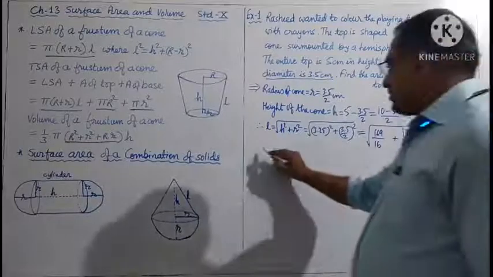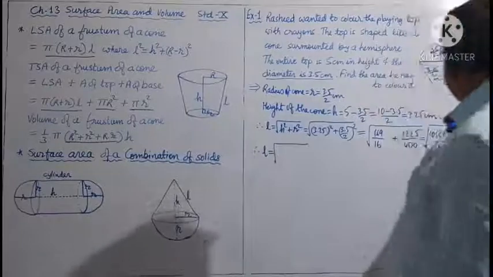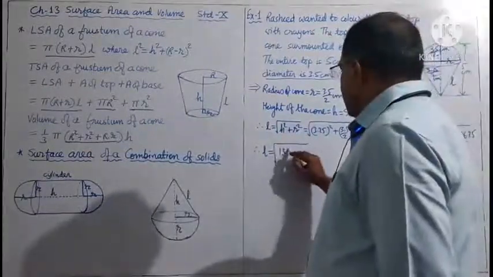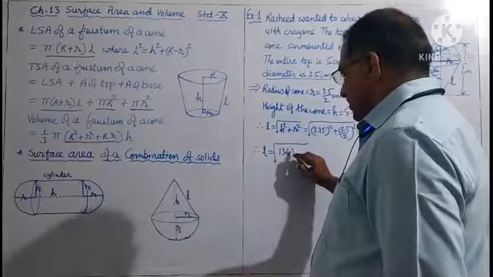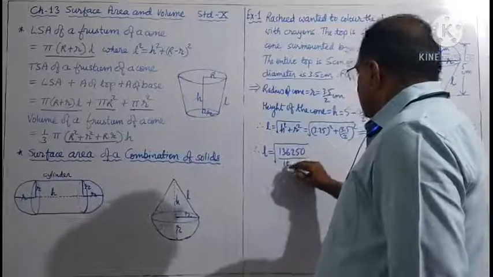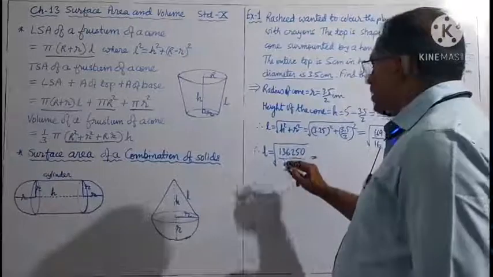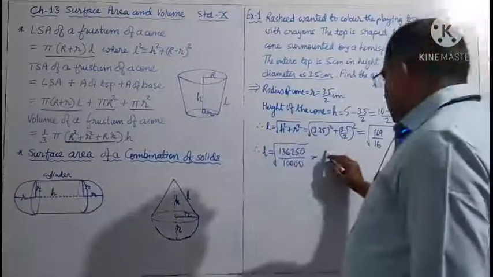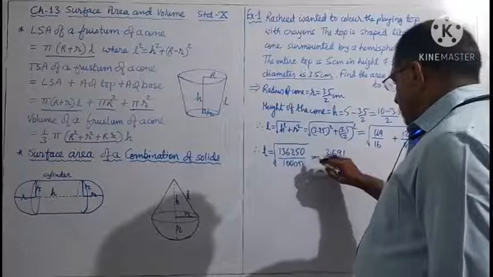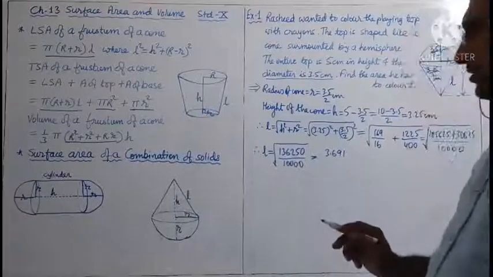30,625, and so therefore we will get the slant height is equal to square root of the numerator. On adding this numerator we get 1,36,250 divided by 10,000. So on simplification, finding the square root of the numerator, you will get 3,691 divided by 10,000.